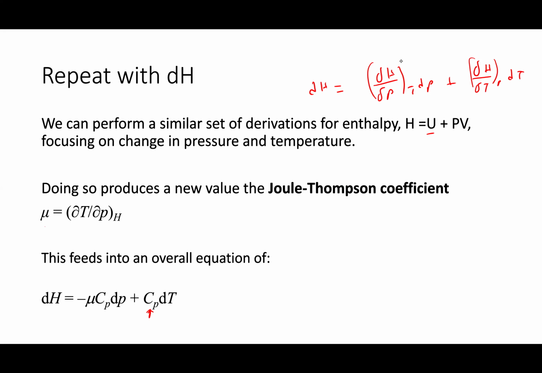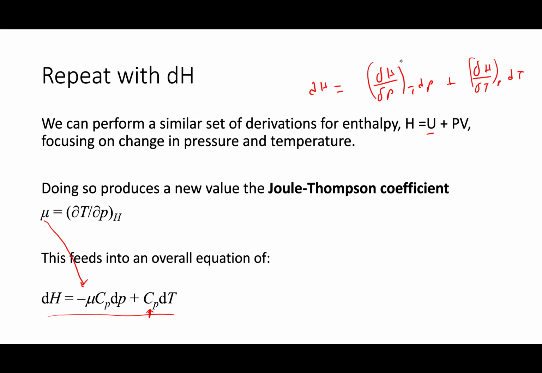Same sort of difference. And so this is where our Joule-Thomson coefficient comes in. There's a lot of rearrangement from here to get down to here, but this is the summary version of it: the variation of enthalpy with temperature and pressure.